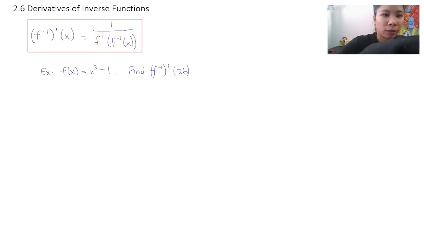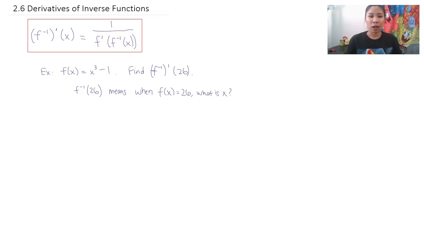Since inverses are the original function with the x and y coordinates switched, the 26 would be a y value in the original function. So f of x, being another name for y, equals 26. What is the x value at that point?